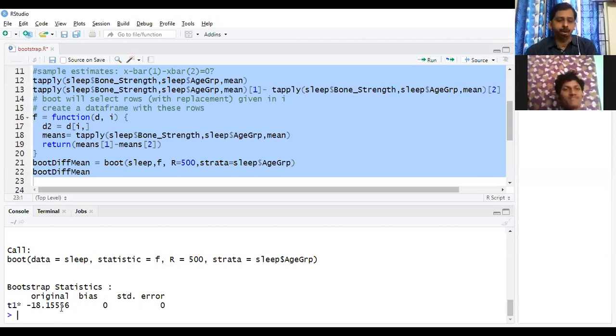How to understand this: the original estimate is minus 18.155. The bootstrap estimates, when we take the difference, are very close by, and the bias is almost 0. That means the true estimate is equal to the bootstrap estimate.